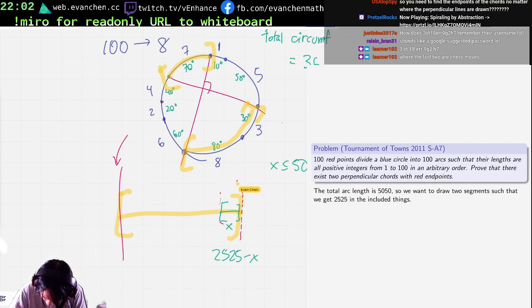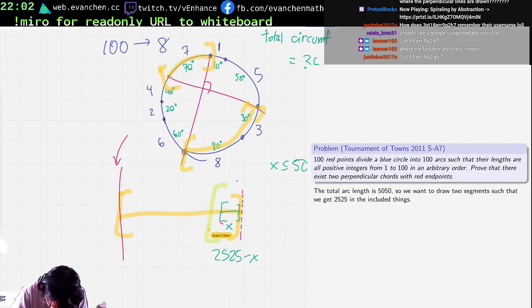This is the only cut for... well, actually, it could be failing. Is it possible that you have 25 minus x, the mirror of it? Can that happen? Is it good if that happens?